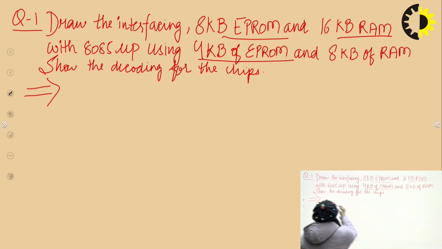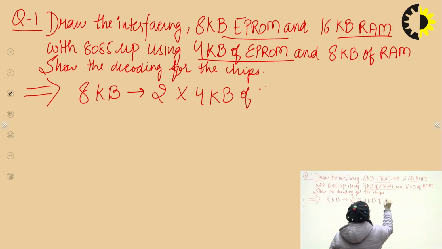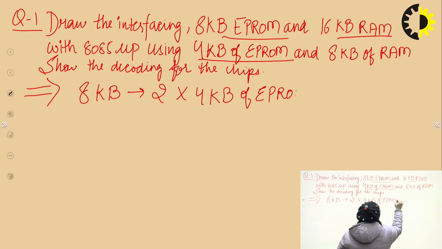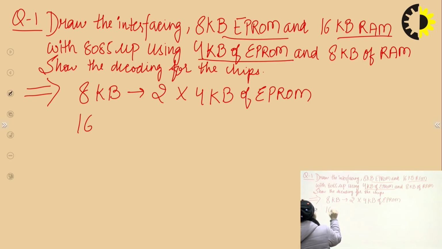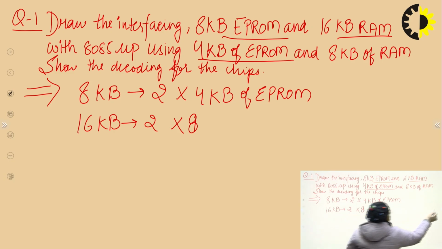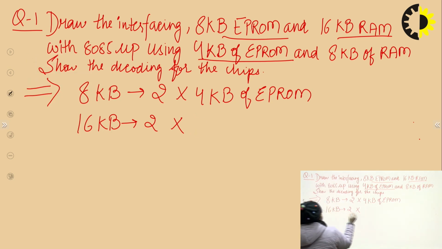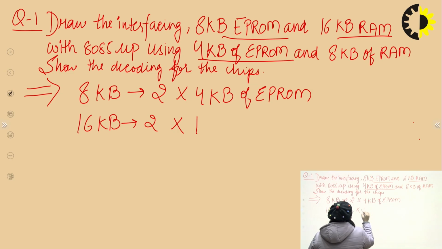So we can write it like this also. For 8 KB, I will use 2 chips of 4 KB EPROM. And for 16 KB, there will be 2 chips of 8 KB of RAM.